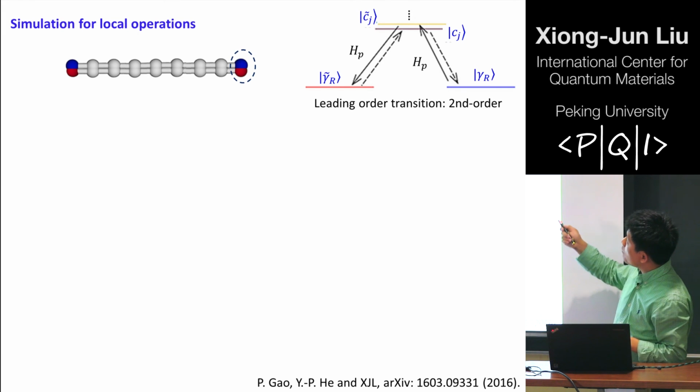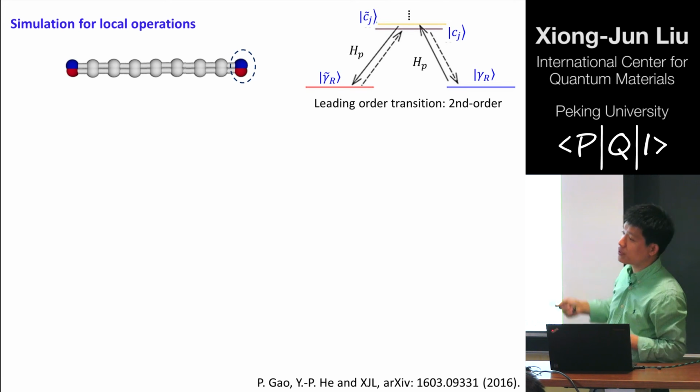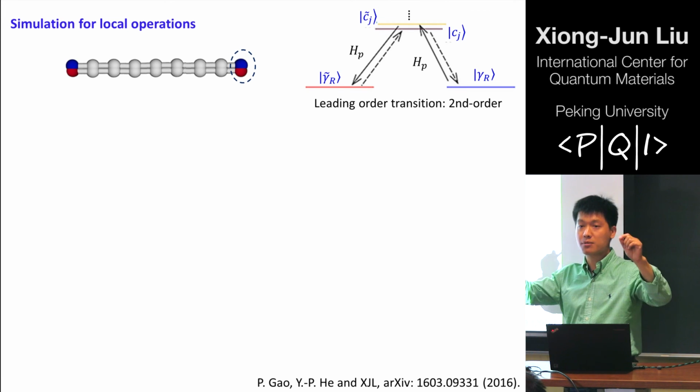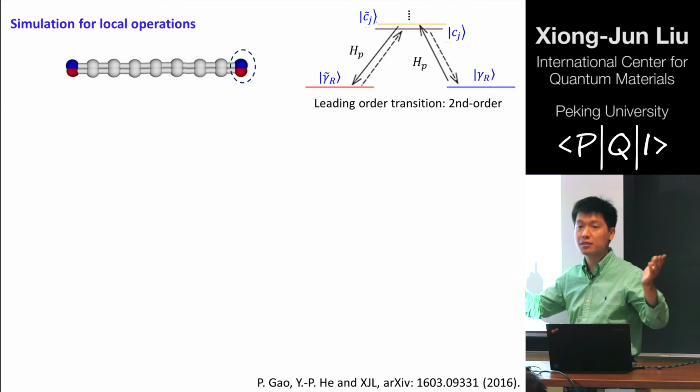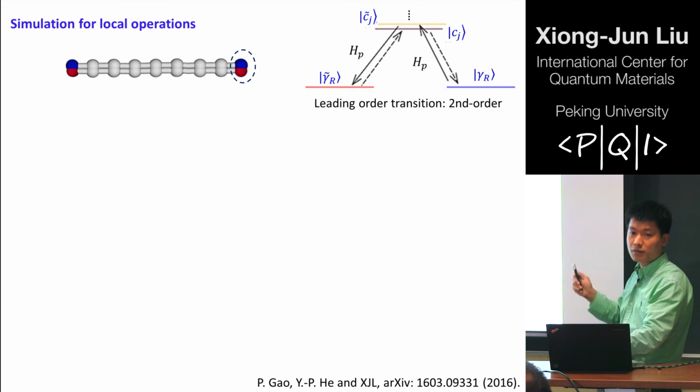Due to the dynamical noise, the Majorana can couple to the bulk states, and the time-reversal partner can also couple to the bulk states. Based on this indirect coupling, you can induce an indirect coupling between the two Majoranas within a Kramers pair. So the leading transition is contributed by the second order transition. This is a high order correction.